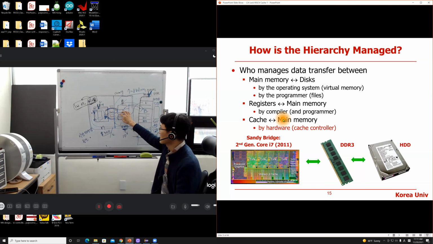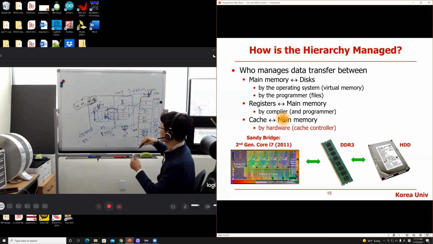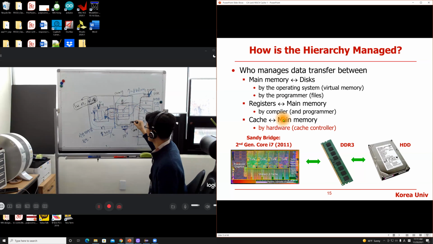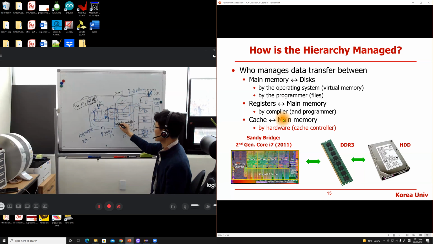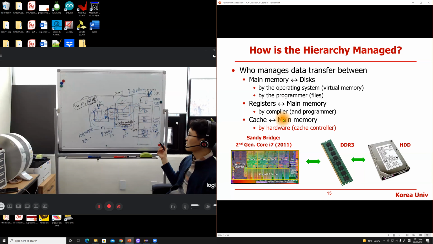Someone should design hardware, right? Cache controller. That is called the cache controller. That cache controller is also a pretty complicated hardware component.